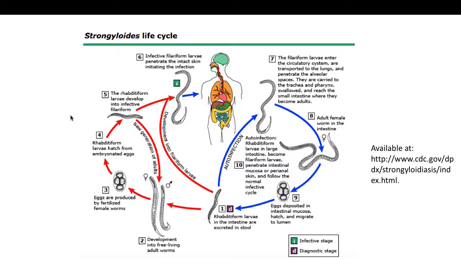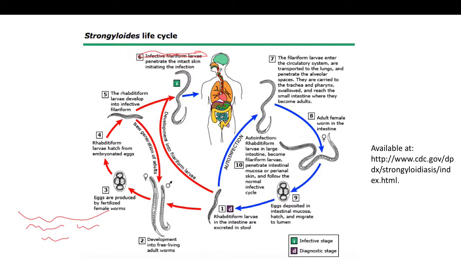Here's the life cycle of Strongyloides stercoralis, and we're going to see that it all begins with an infecting filariform larva, which is going to be found on the soil. Okay, so here's the soil, and here are some of the infecting larvae.